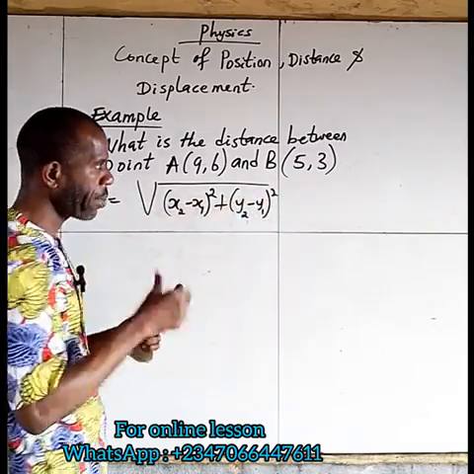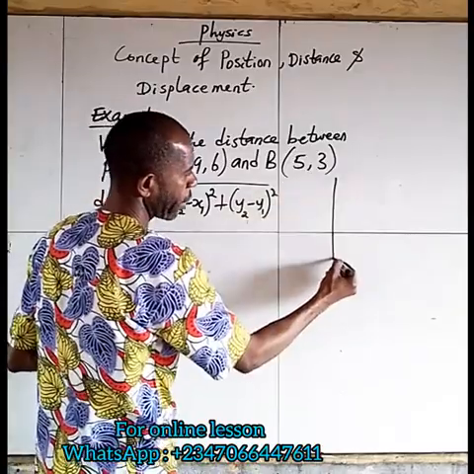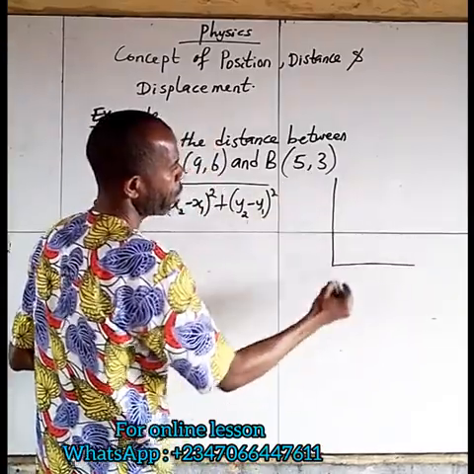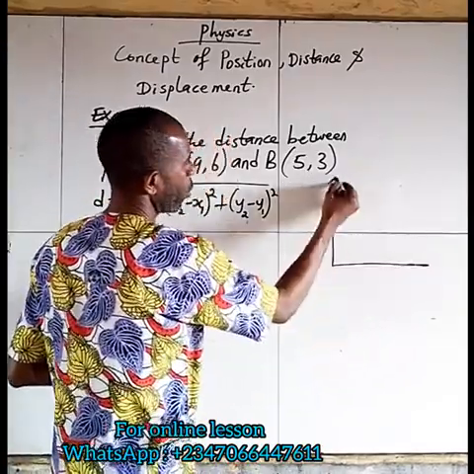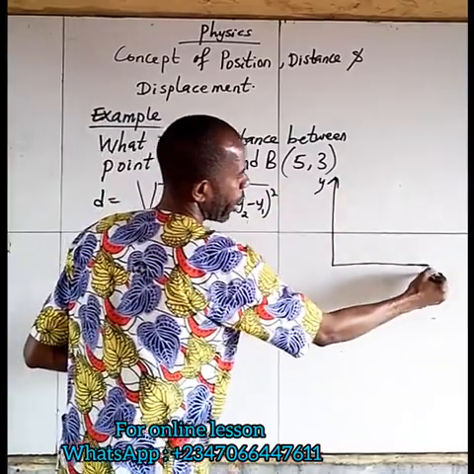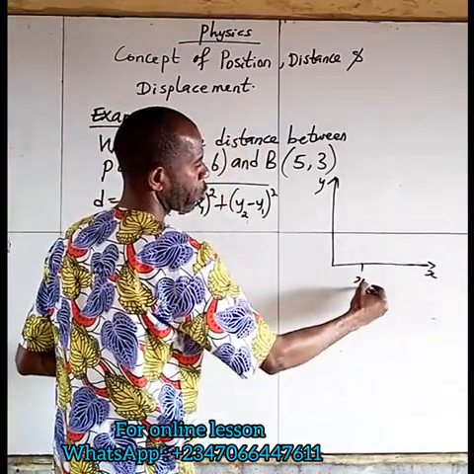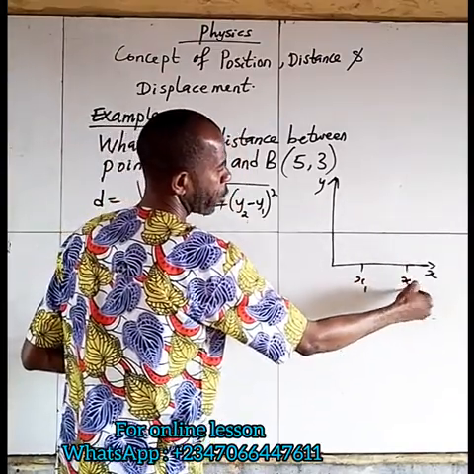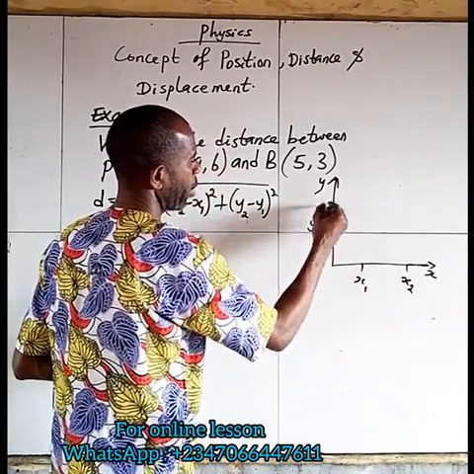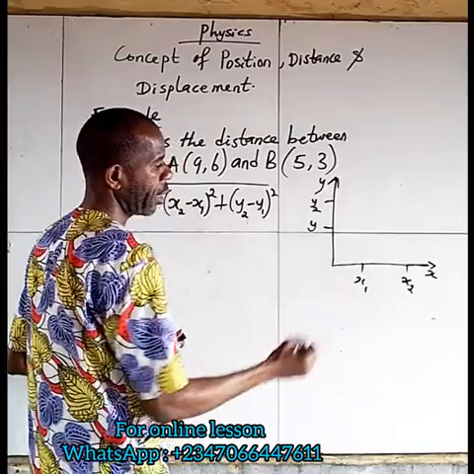In my previous video, I made the illustration where I use the axis. We have the x and y axis. This is your y, this is your x. So we have x1, then x2, we have y1, y2.